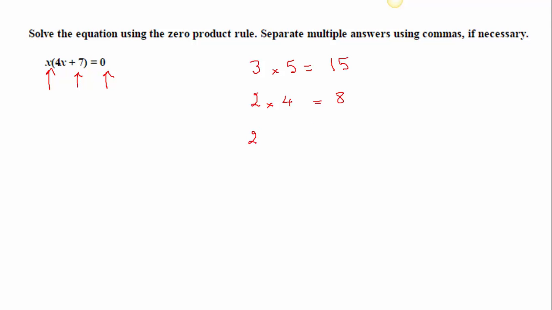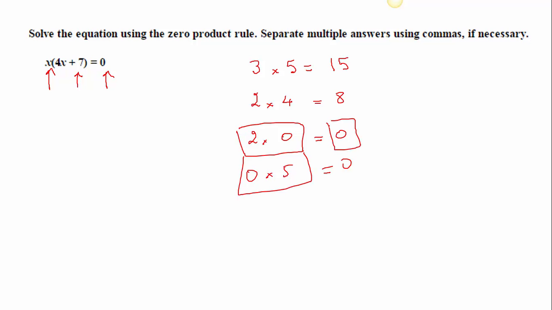No. The only time you get a 0 is when you multiply by a 0, or 0 times 5, right? So here we must have a 0 to start with in order to get a 0. If you don't have a 0, you're not going to get a 0. So here we are multiplying two numbers and we're getting a 0. So maybe x is a 0, or maybe the second factor is a 0.